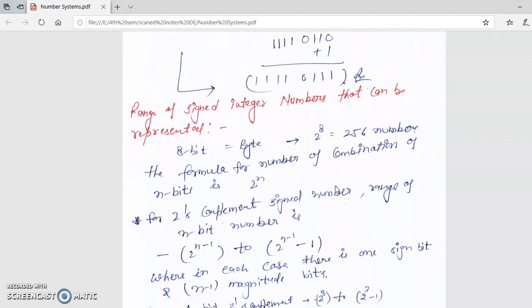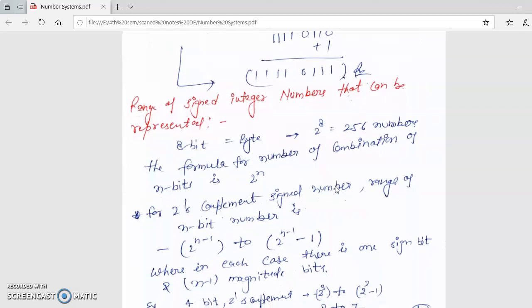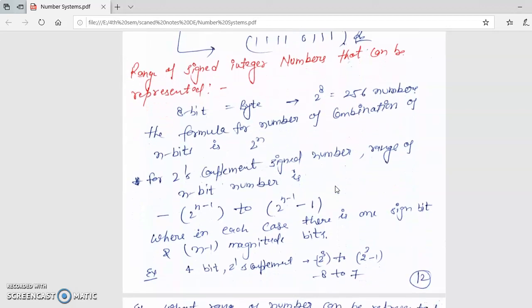Next we see the range of signed integer numbers that can be represented. A number that has a sign, positive and negative: how many numbers can it represent in binary with a given number of digits? Example for 8 bits. 8 bits is called 1 byte. How many combinations are there if we have an 8 bit number?